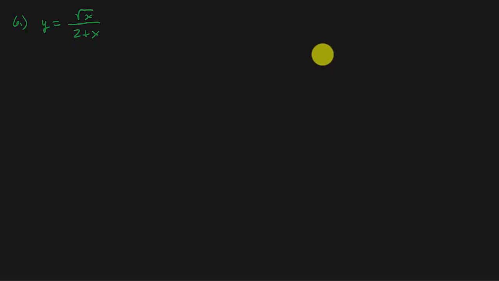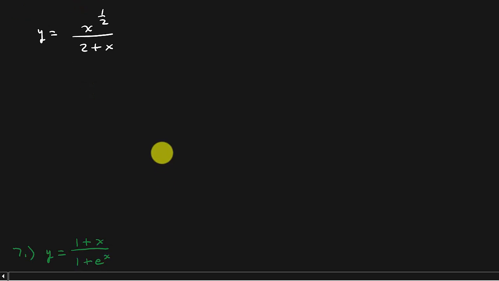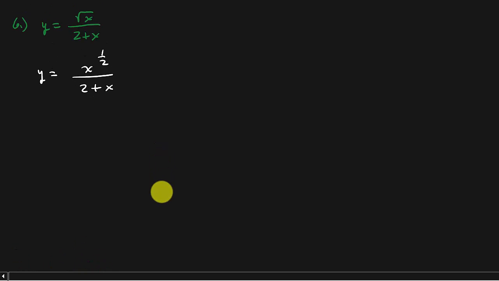All right, so how about this one? We've got y equals the square root of x over 2 plus x. The first thing I want to do here is change this to x to the 1/2 over 2 plus x. Write the square root as x to the 1/2 power.